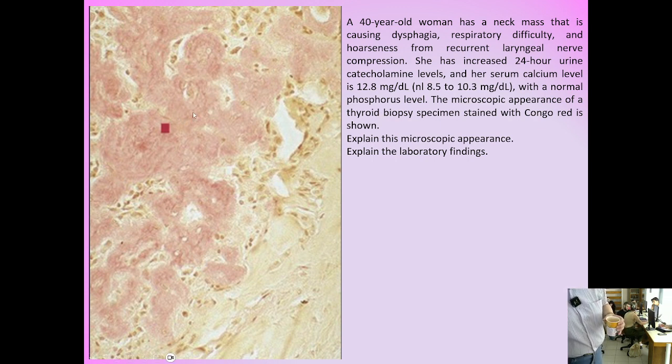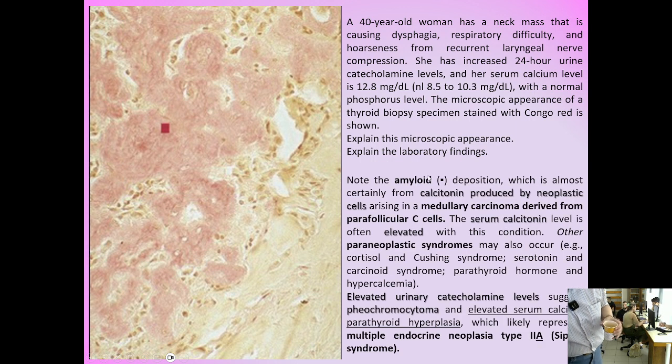So we see the amyloid consistent with the diagnosis of medullary carcinoma deriving from parafollicular cells, and this can cause some paraneoplastic syndromes, as we said: Cushing syndrome from cortisol, carcinoid syndrome from increase of serotonin produced by neuroendocrine malignant cells, parathyroid hormone, and hypercalcemia. So hypercalcemia can be a paraneoplastic feature.